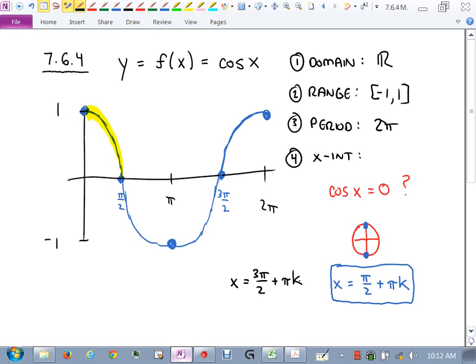Yes, because instead of starting here and adding half rotations back and forth, I'm going to start here and add half rotations back and forth. I'm going to get all the answers still, because k can be any integer. I'm eventually going to wind up with this answer, pi over 2. Question?